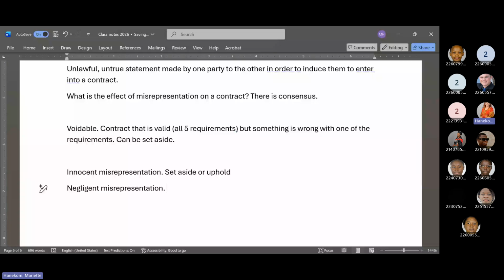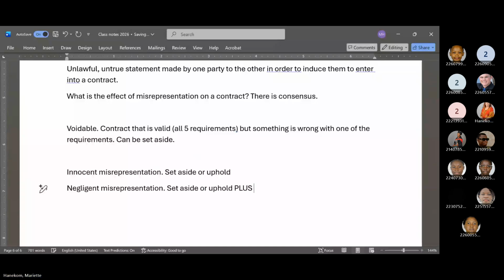So I'm telling her my car's in a perfect working order, but in the meantime, it hasn't been for a service once since I bought it. That is negligent. Once again, she can either decide to set aside or uphold the contract.